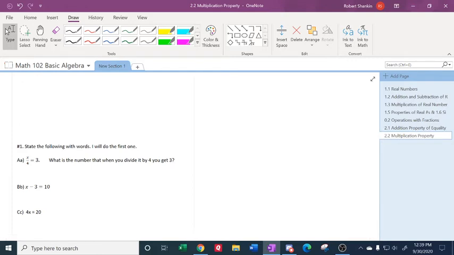What I want you to do when you write this out is type it into your group chat. So just put B and then type it up. Hold on to it for a minute though, before you hit enter. Okay, you can go ahead and hit enter, and then also do C.